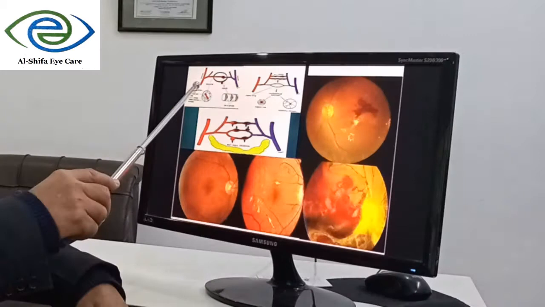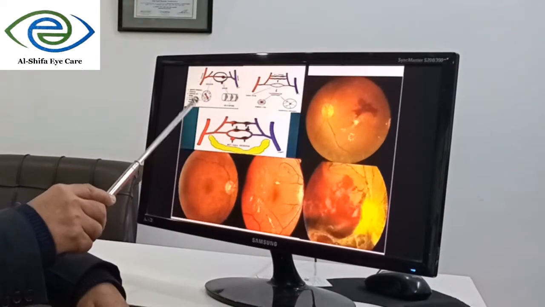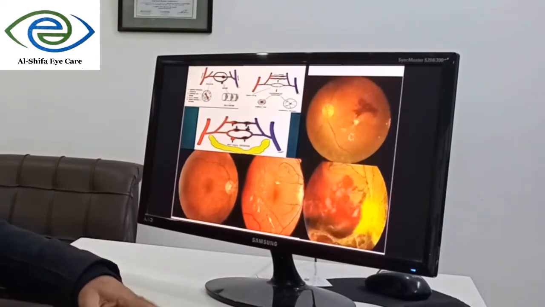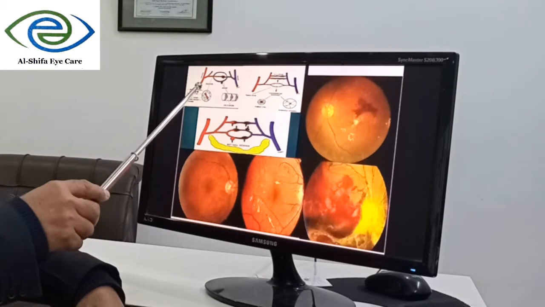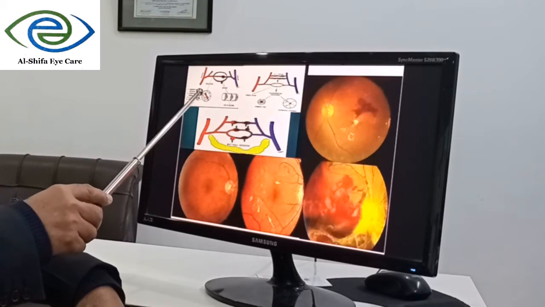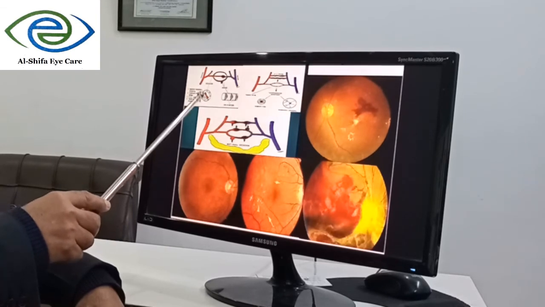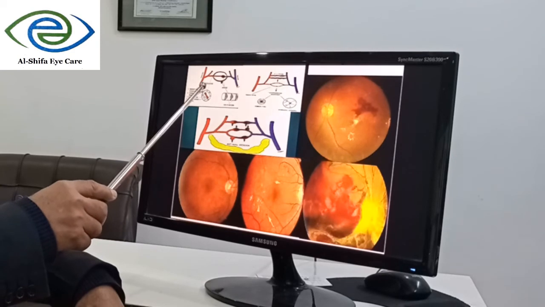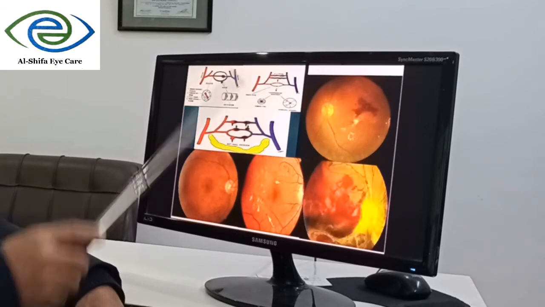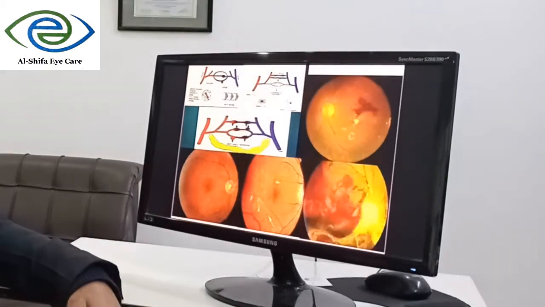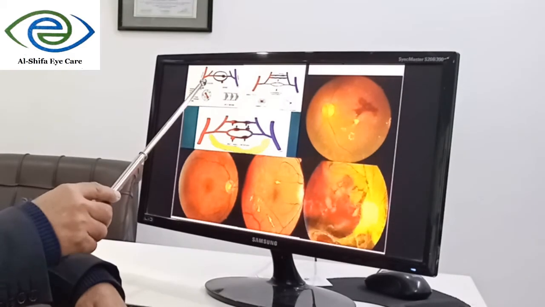The capillary wall is diseased by enlargement of the endothelial cells. Endothelial cells become diseased and swell up, and the covering of the endothelial cell, which is known as the basal membrane, also thickens.